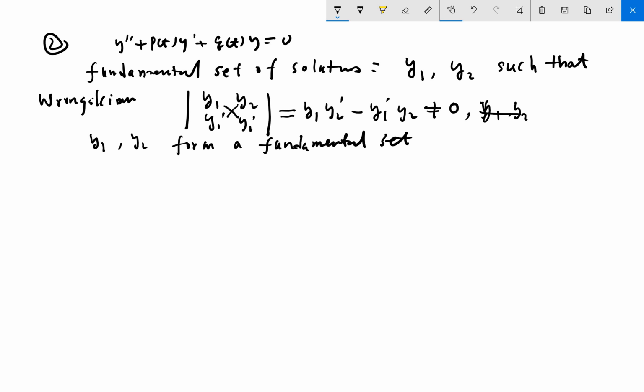A fundamental set of solutions of equation 2 is this: you need to find two solutions. If you find the Wronskian determinant of those and it is not 0, then we say y1, y2 form a fundamental set. Then any solution of equation 2 must be in this form. We call this a general solution.